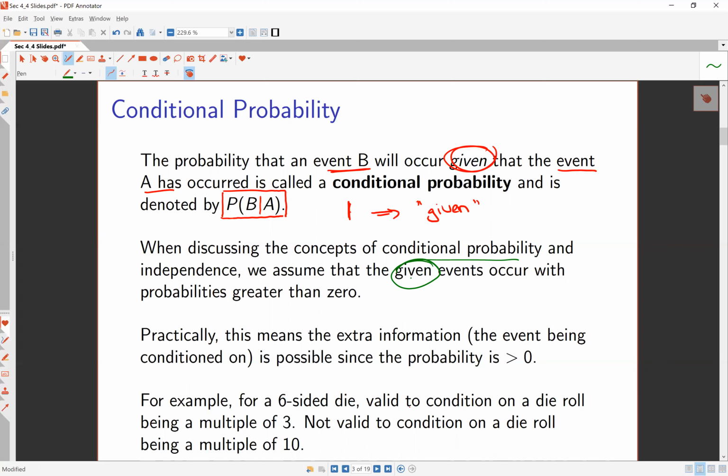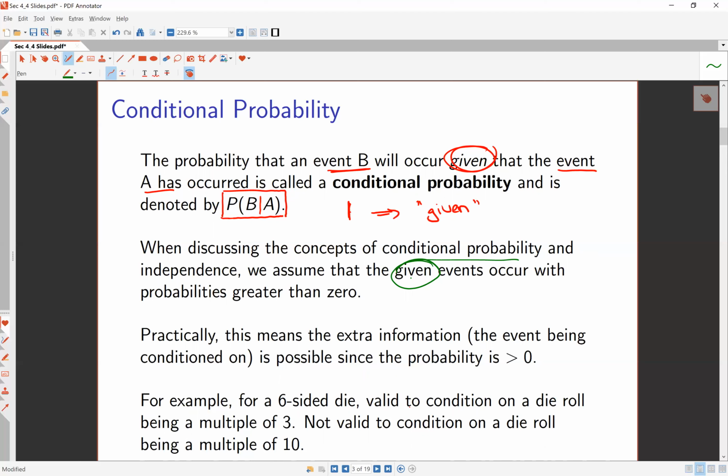And all this means is that we are not trying to condition on something that is impossible. The conditioning actually provides us with extra information because it has a non-zero probability. And what do I mean by we're not conditioning on something that is impossible?